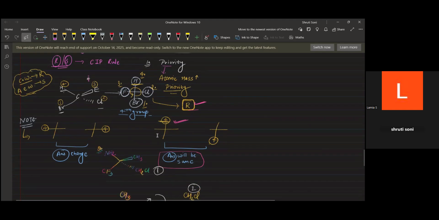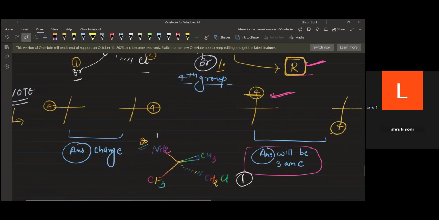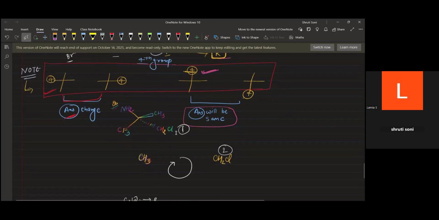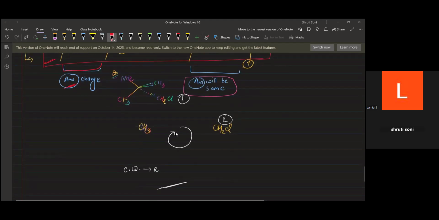So the fourth group is on the left side. So this will be our case. And in both these cases, we need to change our answer. R will be converting into S, and that is your original configuration.